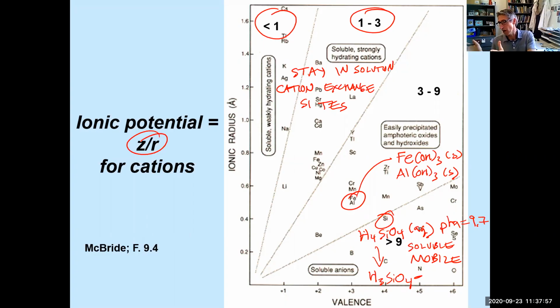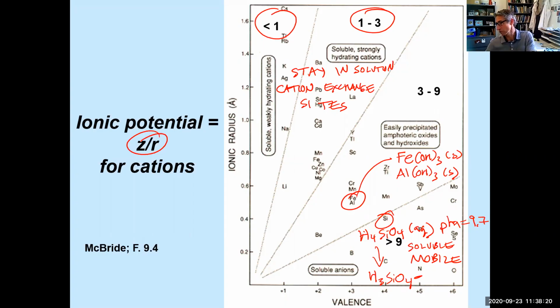So in group 1, those are pretty soluble and they're going to go on to cation exchange sites. In group 1 through 3, they are also going to go on to cation exchange sites and they're still going to be pretty mobile in the soil environment. And if you're in the group 3 to 9, they are not mobile. They form solids in the soil environment, and so they don't move and they don't leach.